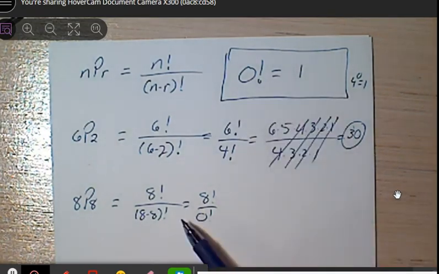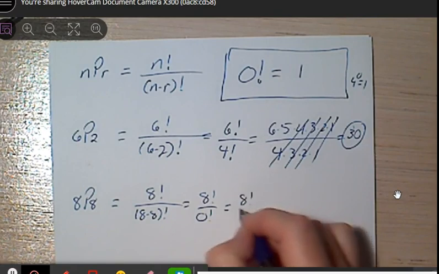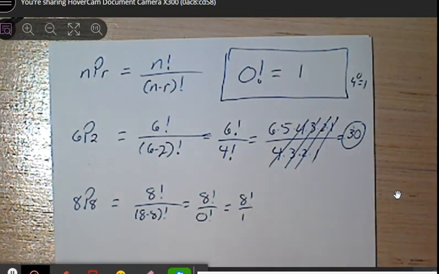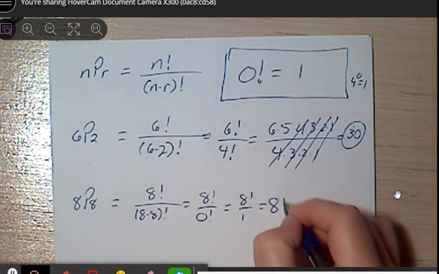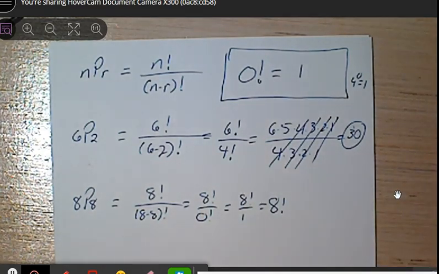So if you go through a problem like this, it's basically that number over 1, which would just be 8 factorial. Yeah, so that's one of those little trick questions that may pop up every now and again. If you have the same number twice here and here, that's basically just going to be that number factorial when you check out your answers.